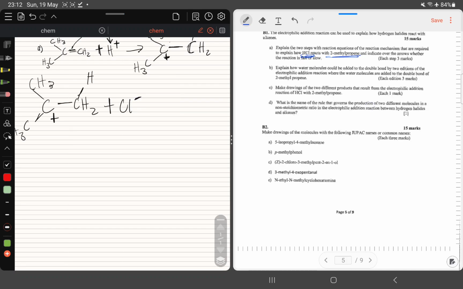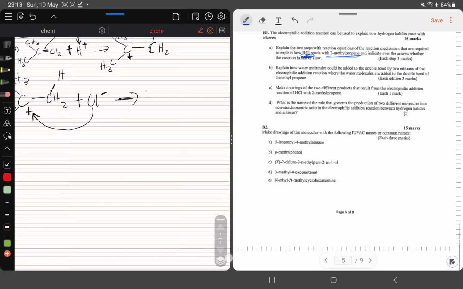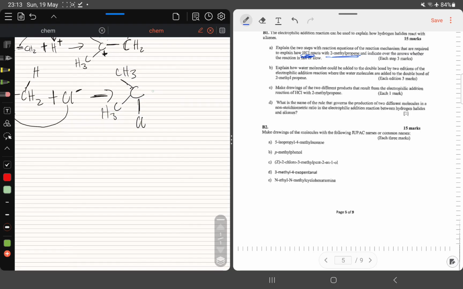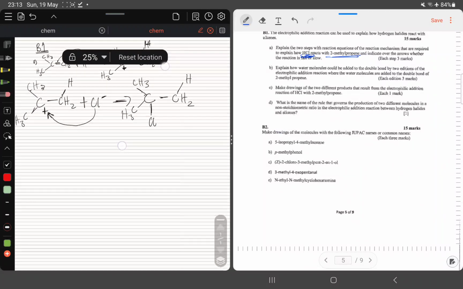We've been told who the halogen is. And we know that electrons always go to the positive guy. So we're going to point them going to him. And then what we are going to end up having is your carbon. Then this becomes a CH3. Then here we have another CH3. Then here we have a chlorine, okay? The chlorine comes here. Then in here we have a CH2 bonded to an H. And this is going to be the end. And that's going to be your reaction mechanism.